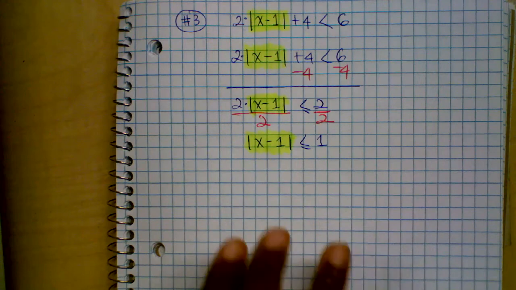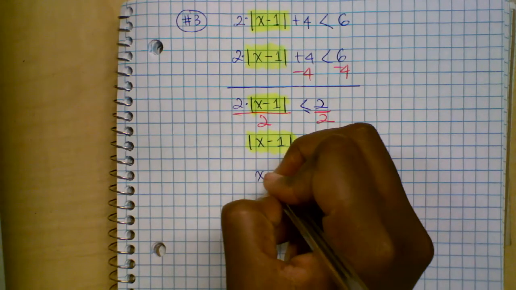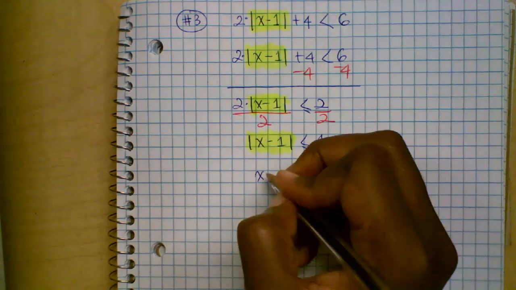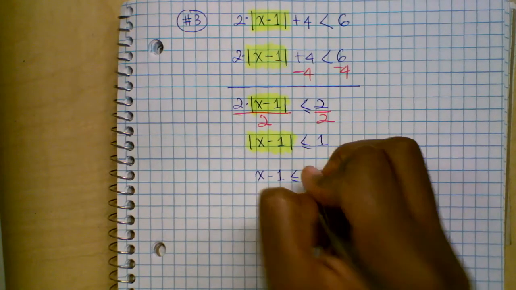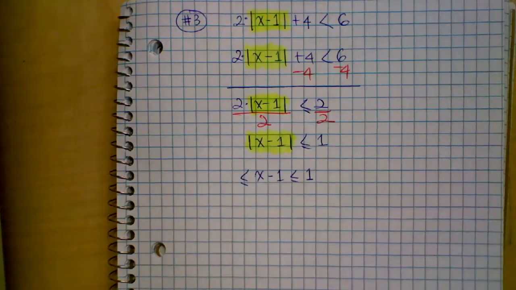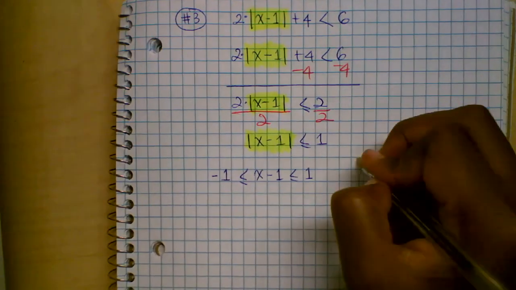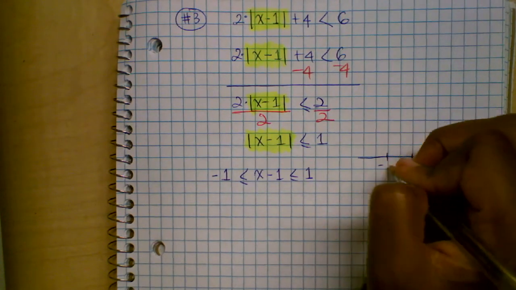On the number line there are two sides that give us numbers with a distance less than or equal to 1. On the right side is going to be positive 1, and on the left side you're going to have negative 1.